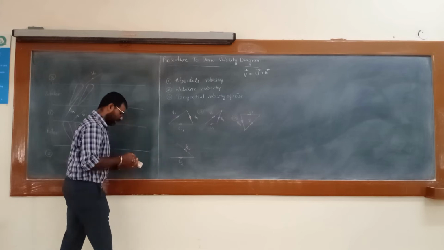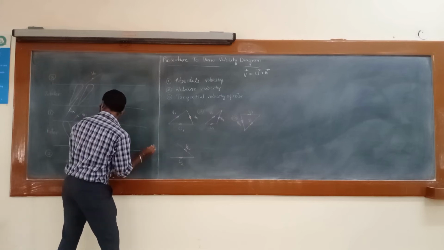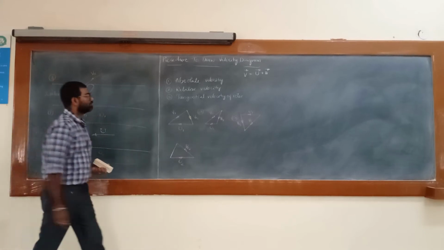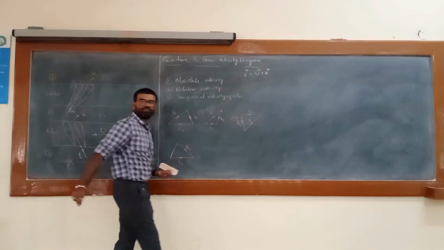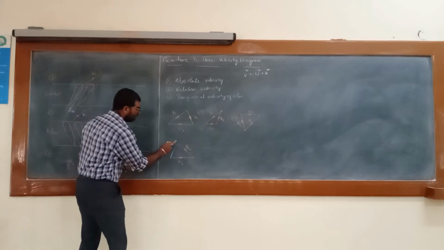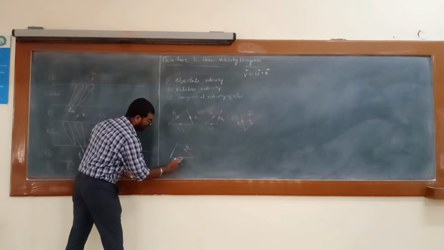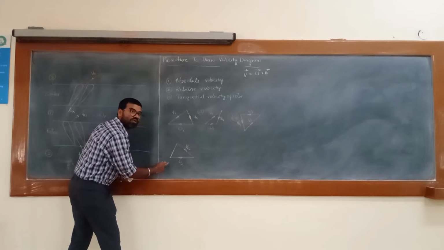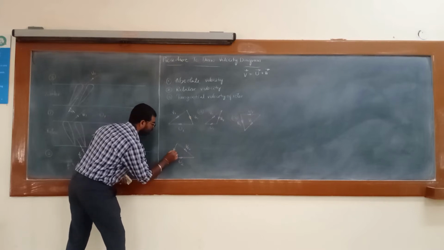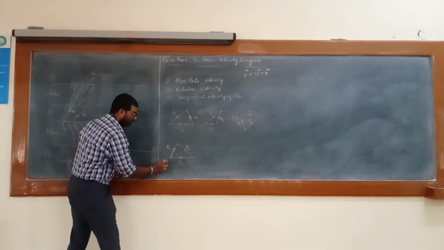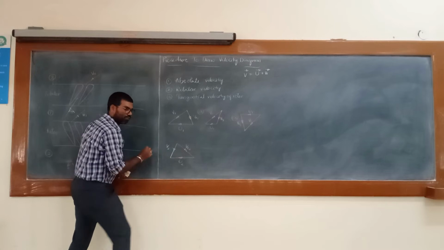Then what is the direction of V2? By the vector rule, VR2 plus U2 is equal to V2. Now this is V2. Okay, V2 is equal to VR2 plus U2.